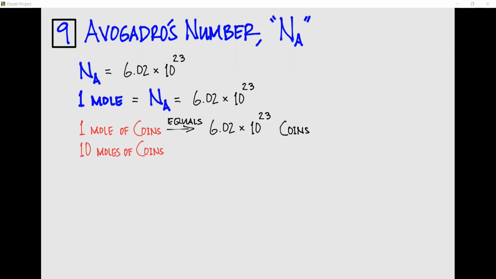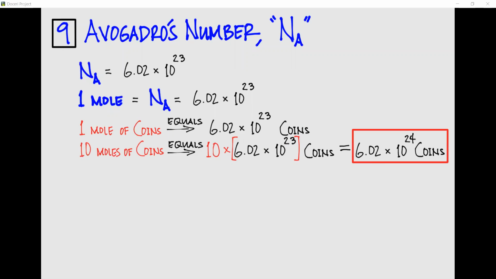If you have 10 moles of coins, all you have to do is multiply 10 by Avogadro's number. So 10 times 6.02 times 10 to the 23rd power, and you get a total of 6.02 times 10 to the 24th number of coins.